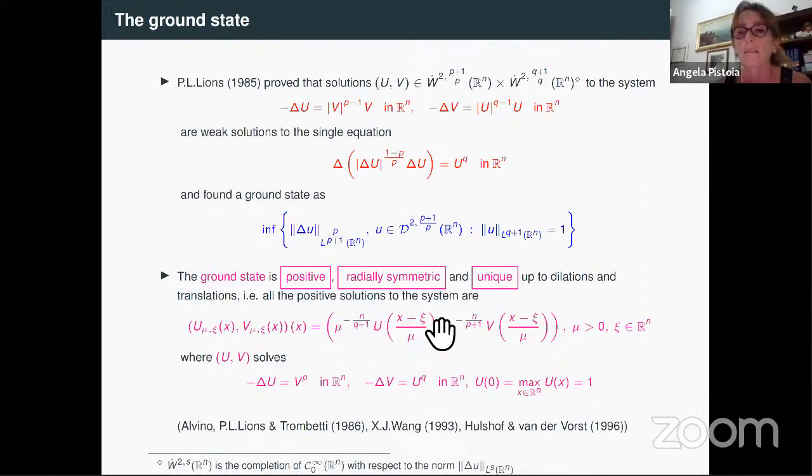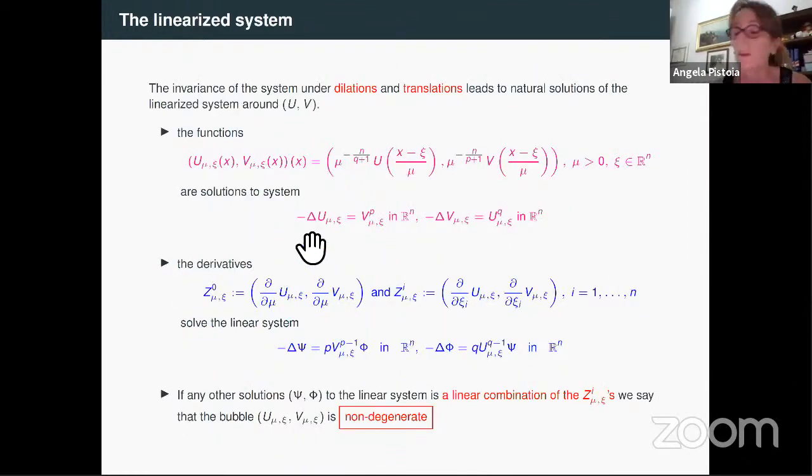So it is clear that if I want to linearize this system, I want to find the solutions to this blue system, for sure I get solutions which are given by the derivative of U and V with respect to the concentration parameter mu, and also the solutions given by the derivative with respect to the point xi.